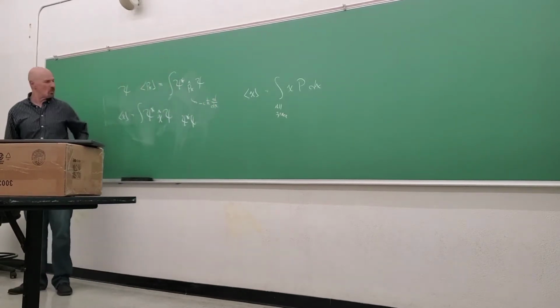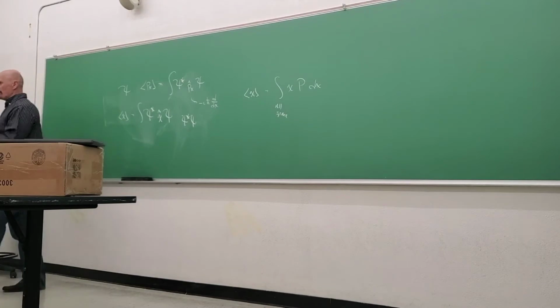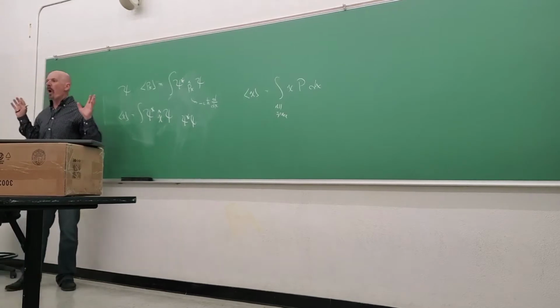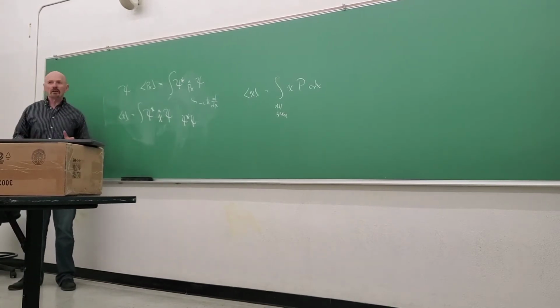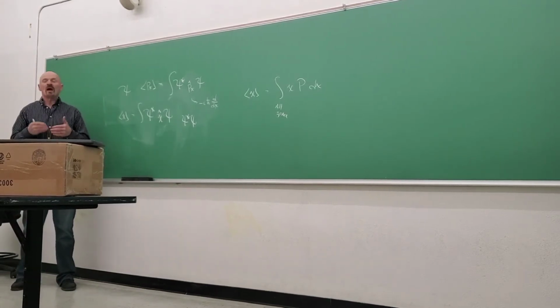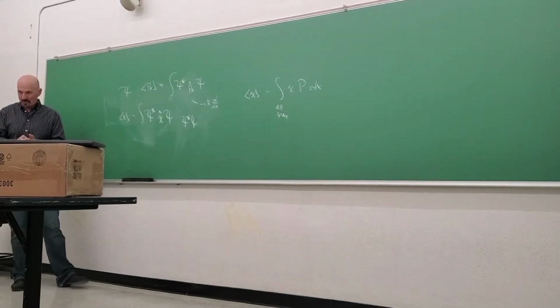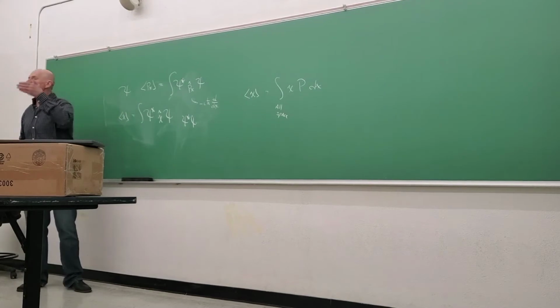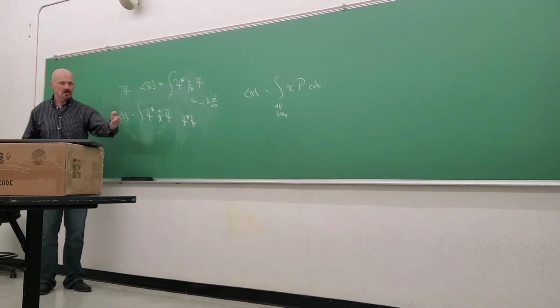So everything we have, a position, a momentum, an energy, a potential, a kinetic energy, a rotational energy, an angular momentum, every quantity that is a corollary in classical mechanics has a quantum mechanical operator associated with it. To find the average, you sandwich it between there, and the order of operations matters.